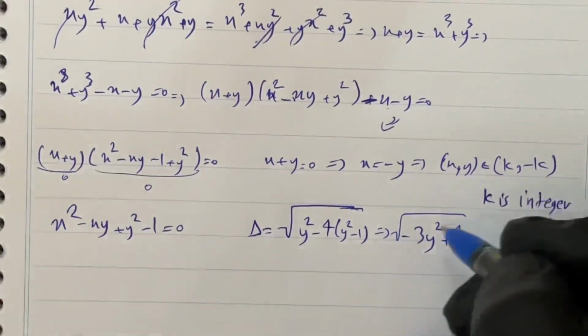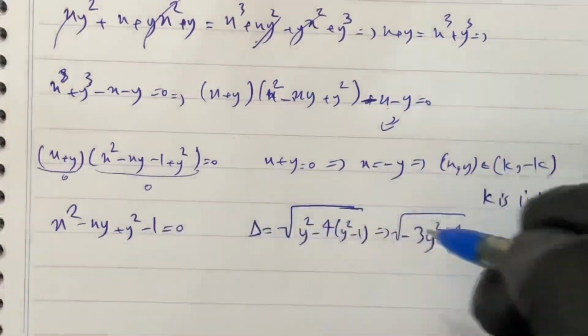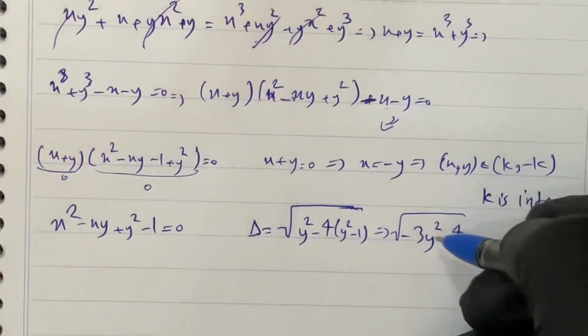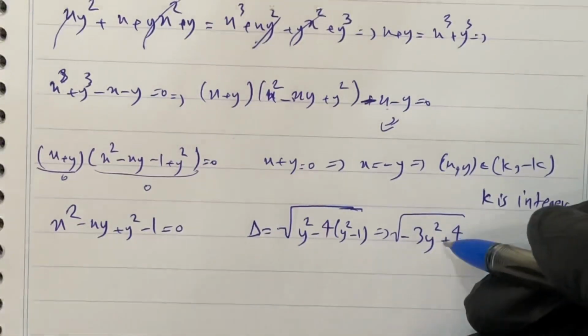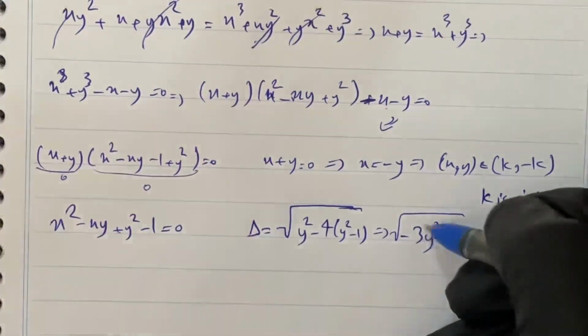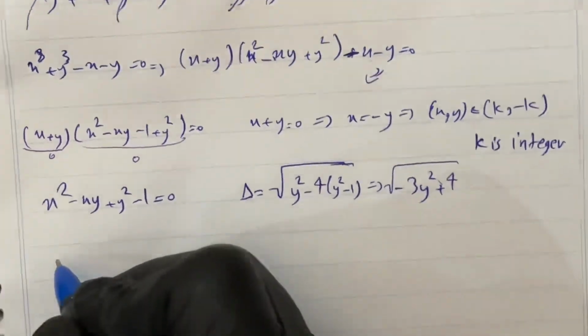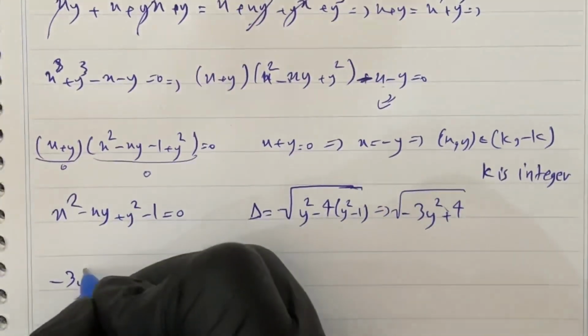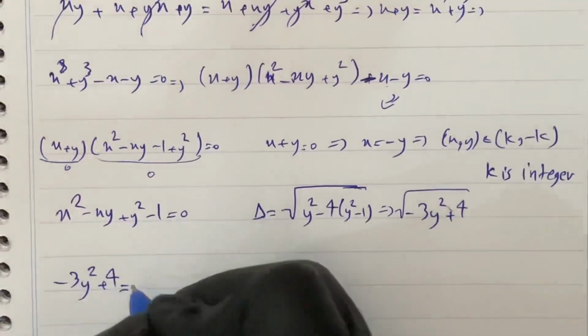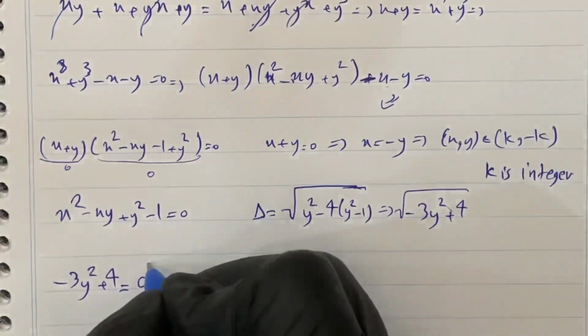For this to be an integer, the inside of the radical must be a complete square, which means it should be in the form of a to the power of 2.